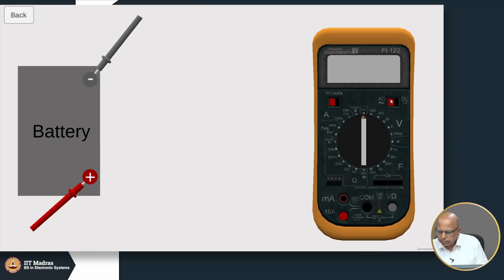This is whether I am measuring the AC voltage or DC voltage, and you can power it on. You can use this to measure voltage.